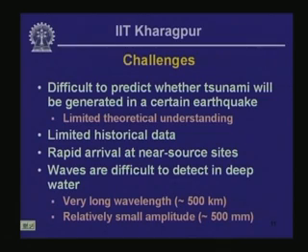The second problem associated with managing the risk from tsunami waves is the limited availability of historical data. The third is rapid arrival at near-source sites, because in deep water the waves typically propagate at speeds of several hundred kilometers per hour.